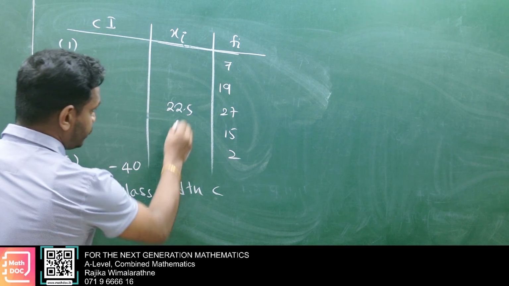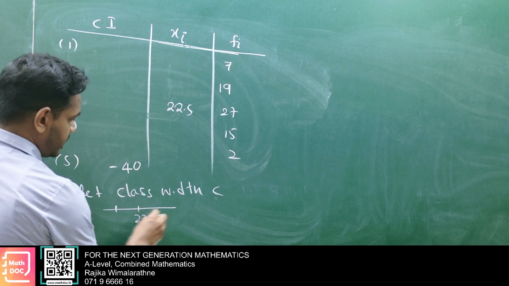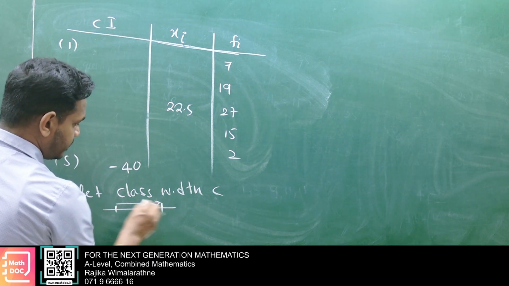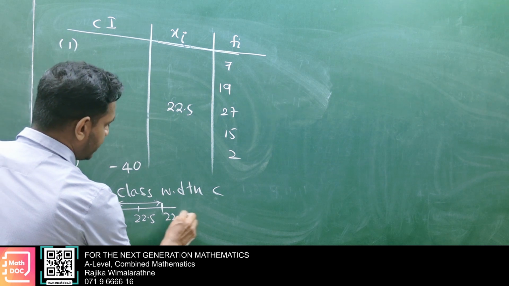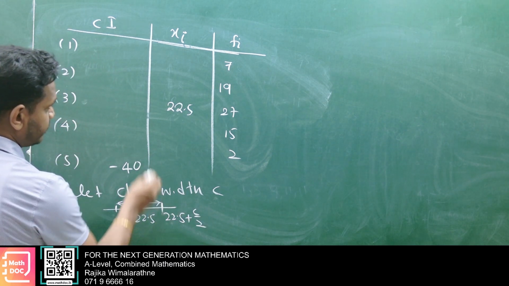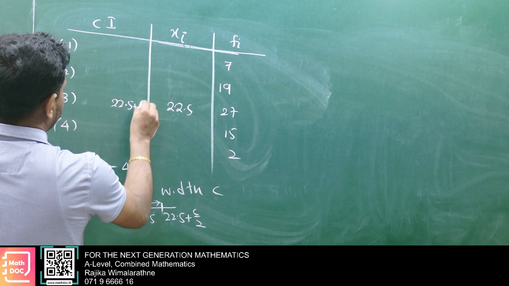Now here, 22.5 is the mid value. Then this class's upper boundary is 22.5 plus C over 2.